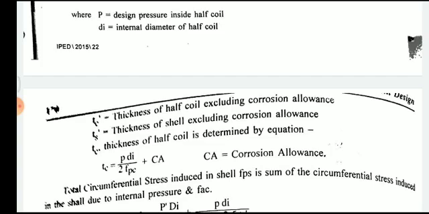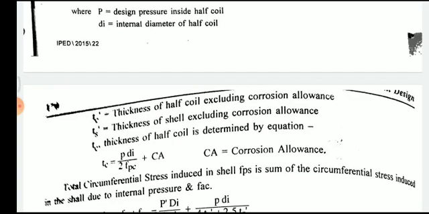Same for the shell, thickness of the shell excluding corrosion allowance. And te, the thickness of the half coil, is determined by the equation te = PDi/2fc + CA, where CA is the corrosion allowance.